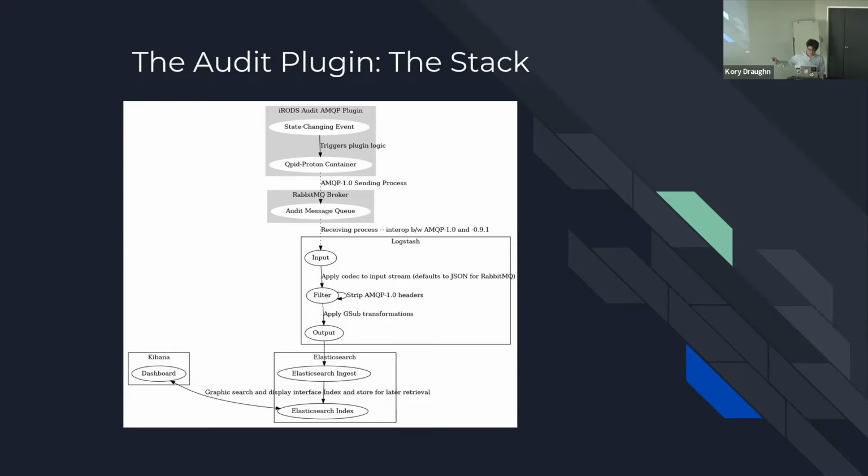They are emitted in AMQP 1.0, but the RabbitMQ broker sends them out to Logstash, which has to, in some sense, translate them to AMQP 0.9.1. And then we'll talk a little bit more about what's going on inside that Logstash block in a little bit. But the point of it is that it gets to Elasticsearch and indexes them so that administrators can then search through those messages and get useful information out of it.